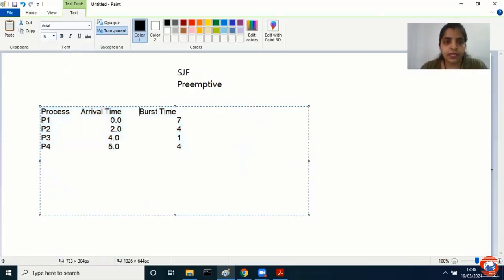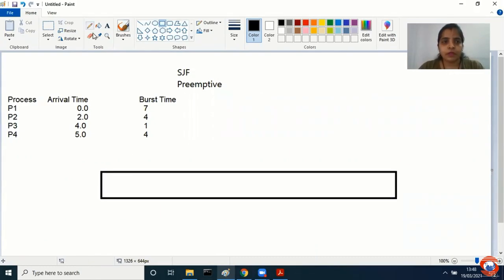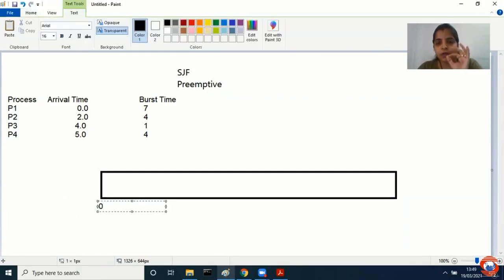ठीक है. अब ये है, this is the given question. First of all, let us say process P1. I'll draw a complete Gantt chart now. Process P1 has got first control.